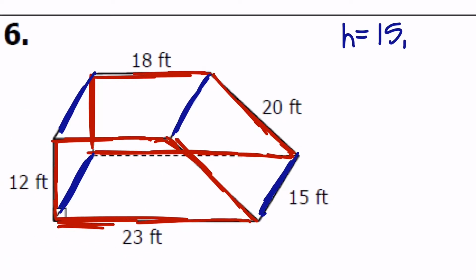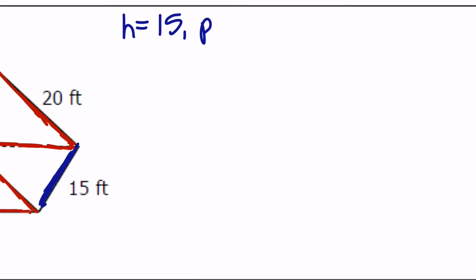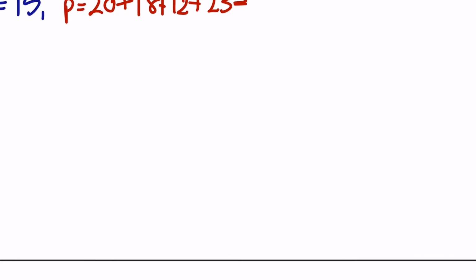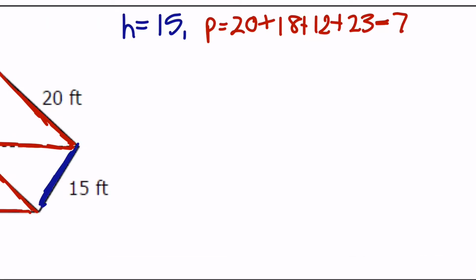My perimeter then is, actually, if I do that in red, 20 plus 18 plus 12 plus 23. So that makes my perimeter 73 feet.